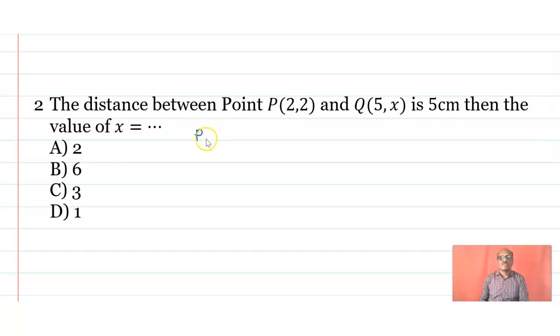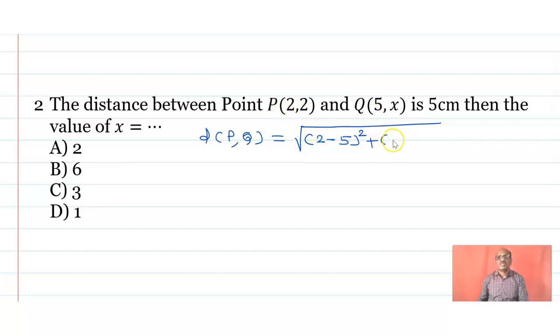Distance between the point P and Q, distance PQ, is equal to the square root of (2 minus 5) whole square, that is (x1 minus x2) square, plus (y1 minus y2), that is (2 minus x) whole square, and the distance is 5.